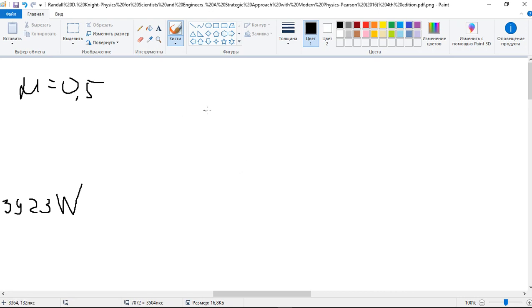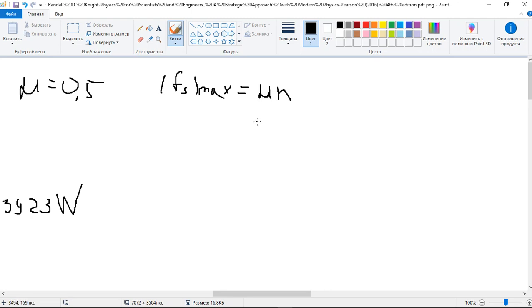Next we calculate the maximum static friction force required to move the wood block. It means F static max is equal to mu times the normal force.